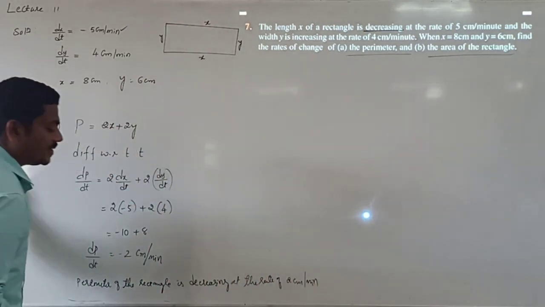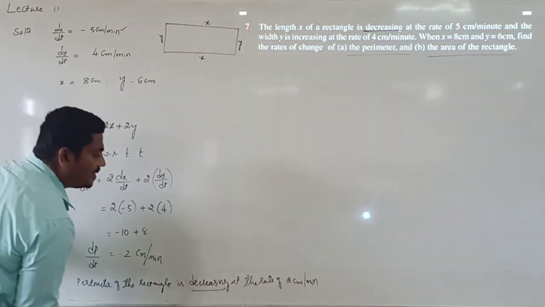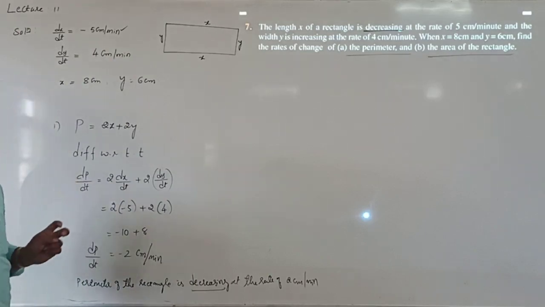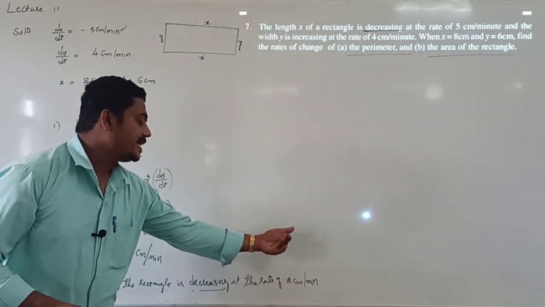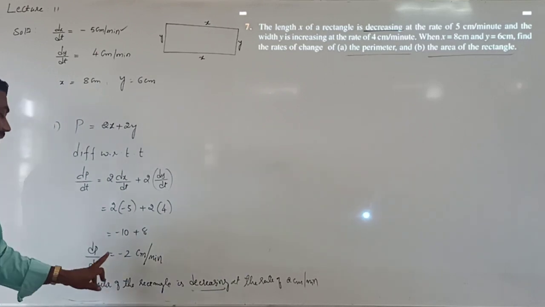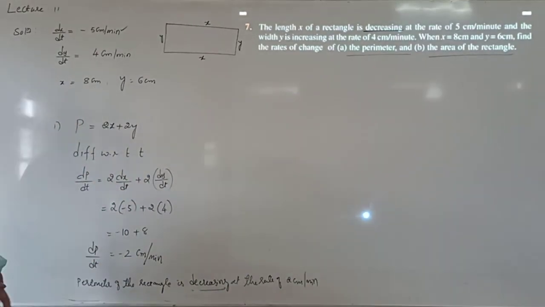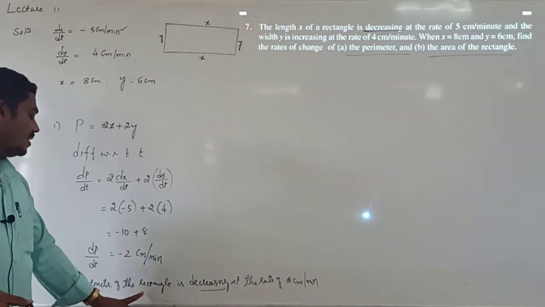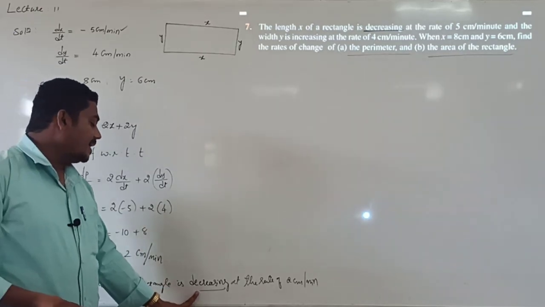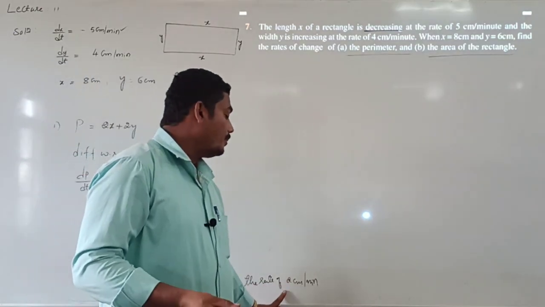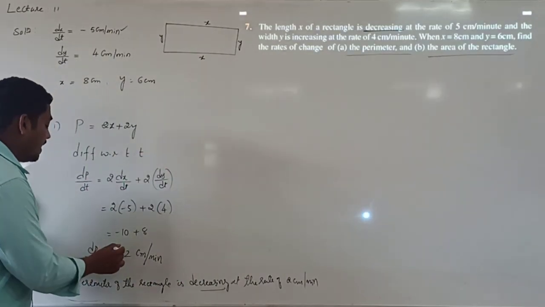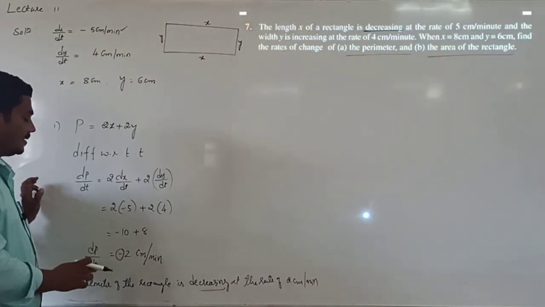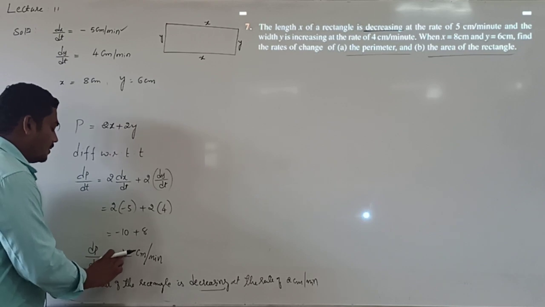Don't write negative sign. If you use the word decreasing, then no need to write negative sign. Decreasing at the rate of 2 centimeter per minute. That negative sign indicates decreasing. Here negative sign indicates decreasing, right?